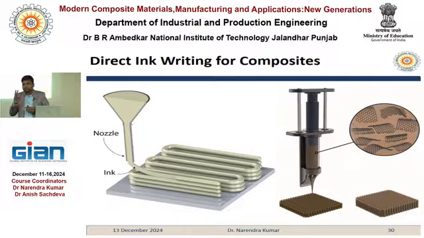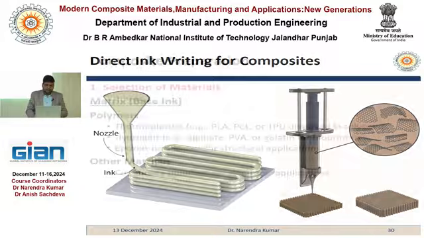Here two mechanisms are generally used. One is a heating mechanism, thermal based curing systems, and the second is a UV curing based mechanism. We can throw UV light from the top onto the material coming out of the nozzle, in order to solidify it, or to ensure the solidification.